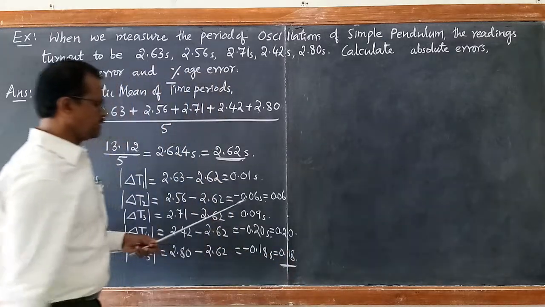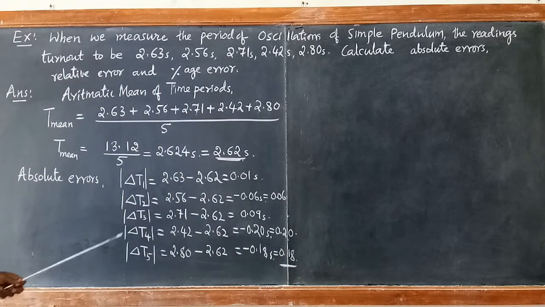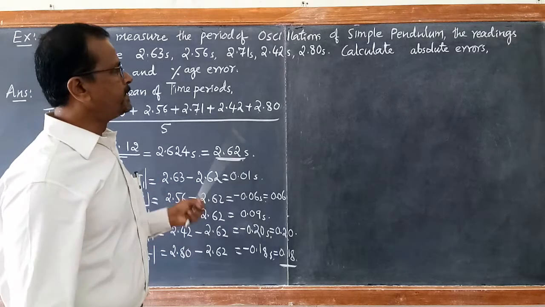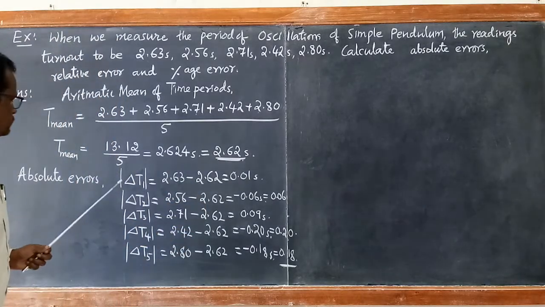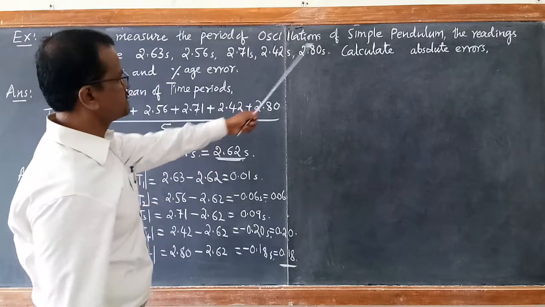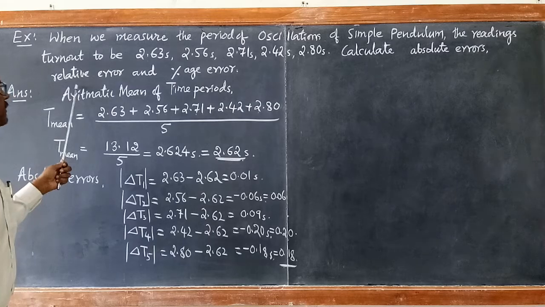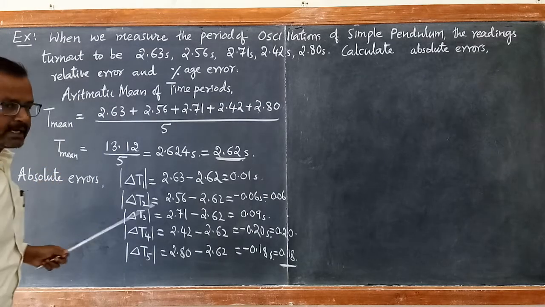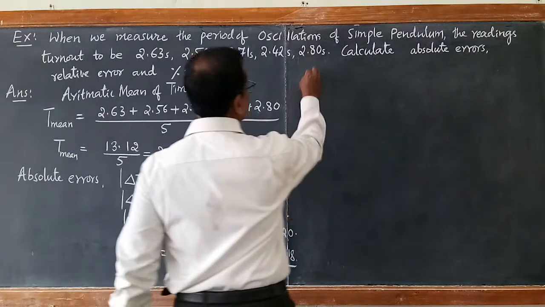So these are all the absolute errors, magnitudes of the differences with the mean value. Next, we have to calculate the arithmetic mean of absolute errors, because next we need to calculate relative error. To calculate relative error, we need to calculate the arithmetic mean of absolute errors.